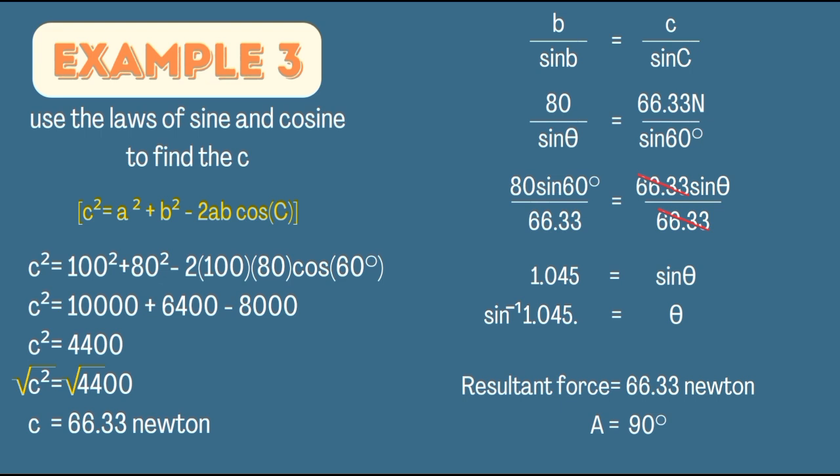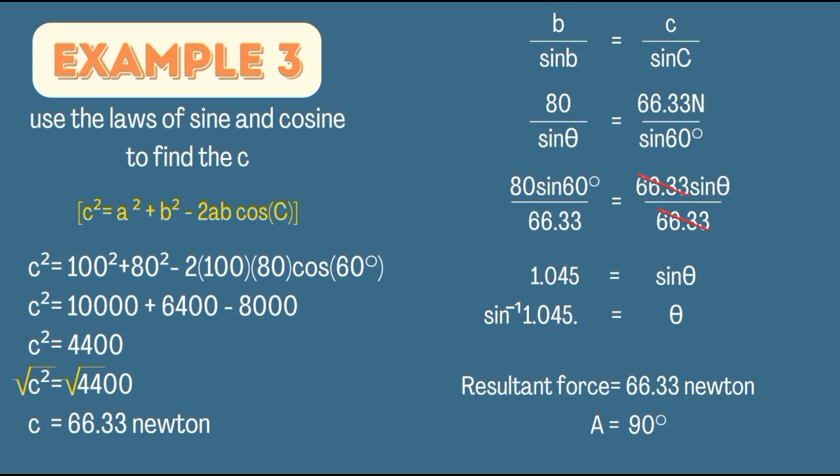So c is equal to the square root of 4,400, which is c equal to 66.33 newtons. And for the angle, 80 over sin theta is equal to 66.33 over sin 60 degrees.